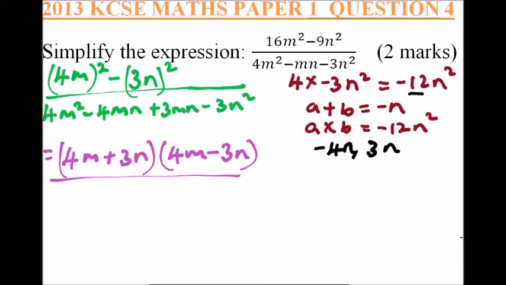Now we factor out what is common here. 4m is common, we are left with m minus n, and we factor out 3n, we will be left with m minus n.